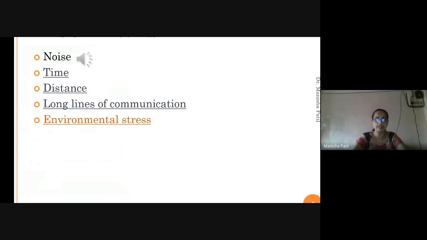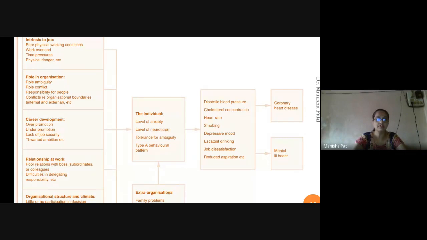And the last physical barrier is environmental stress. So here you can find the various problems that are caused for various reasons, which are various types of stress. There are certain types which are intrinsic to the job.